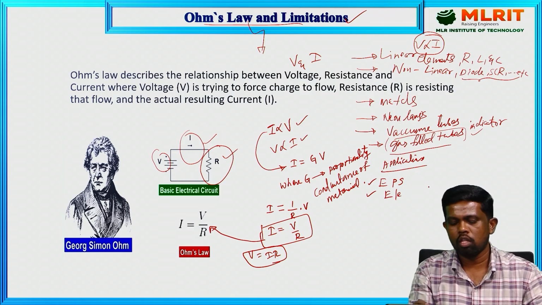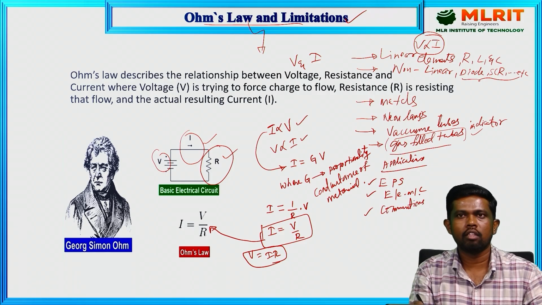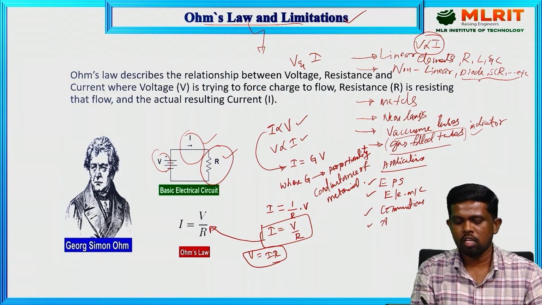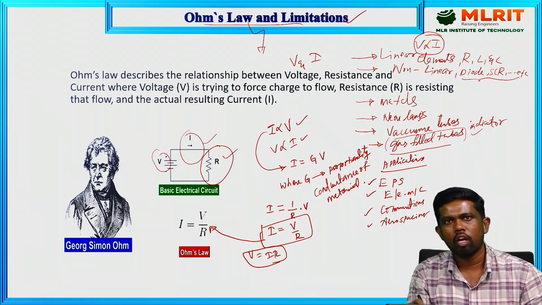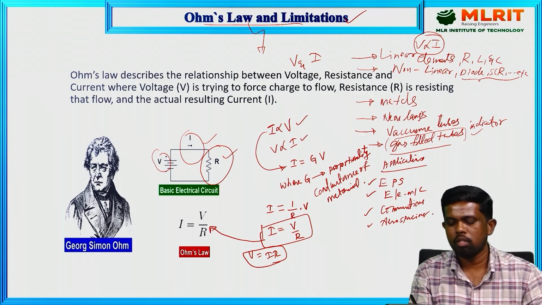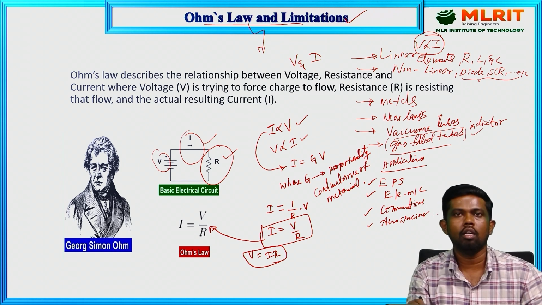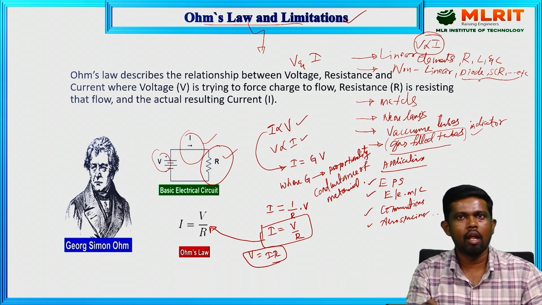After that, it is used in communication systems to analyze things, and also in aerospace engineering to get the required parameters, and in satellite communication, etc. These are the different applications of Ohm's law.